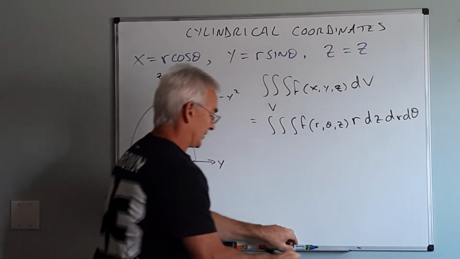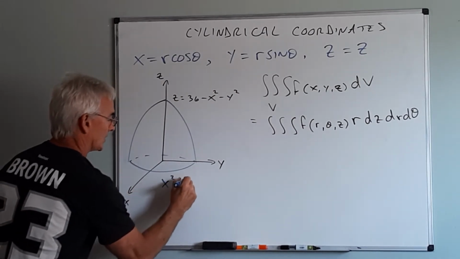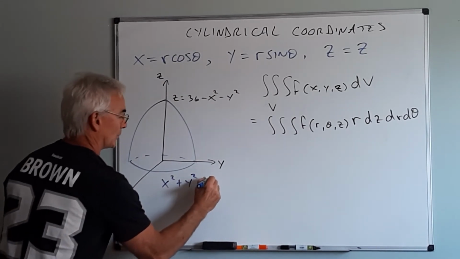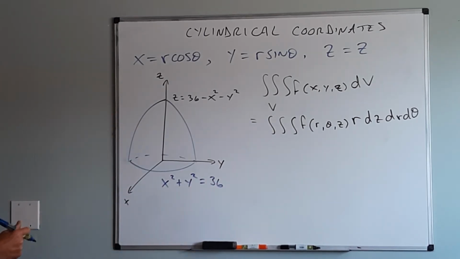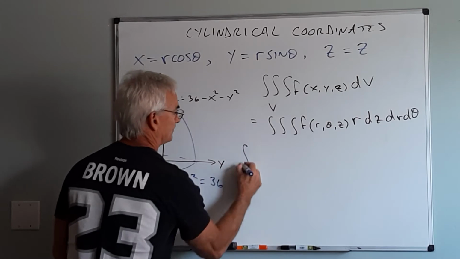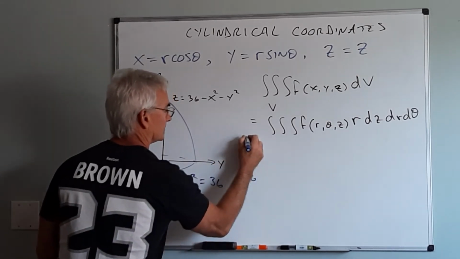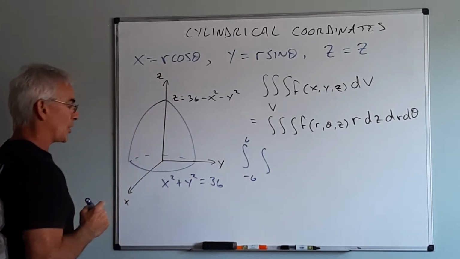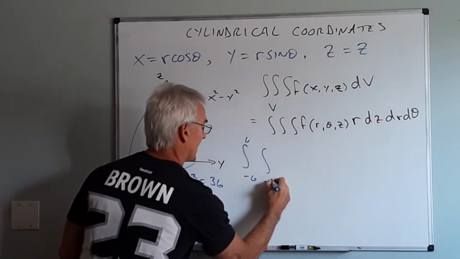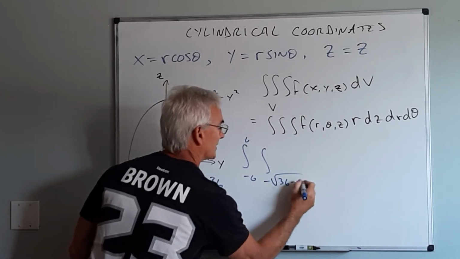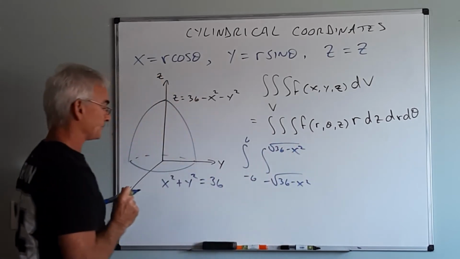Now, the intersection with the xy plane is where z equals 0, so this circle would be x squared plus y squared equals 36. So if I was to write this using rectangular coordinates, then the x would go from -6 to 6, y would go from the bottom to the top half of the circle, so it would be the negative square root of 36 minus x squared to the positive square root of 36 minus x squared.